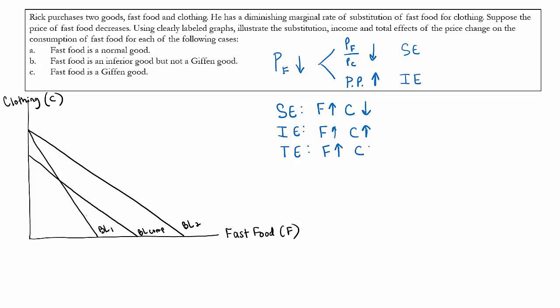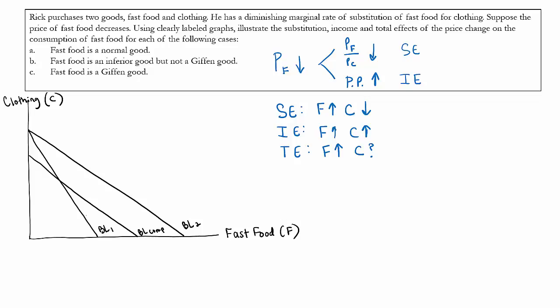Clothing, on the other hand, has an ambiguous total effect. On the one hand, he wants to substitute away from clothing, but he wants to also buy more clothing because it's normal and he feels richer. Which of these two effects is dominant will determine the total effect. But here we don't have that information, so I'll leave it as uncertain.